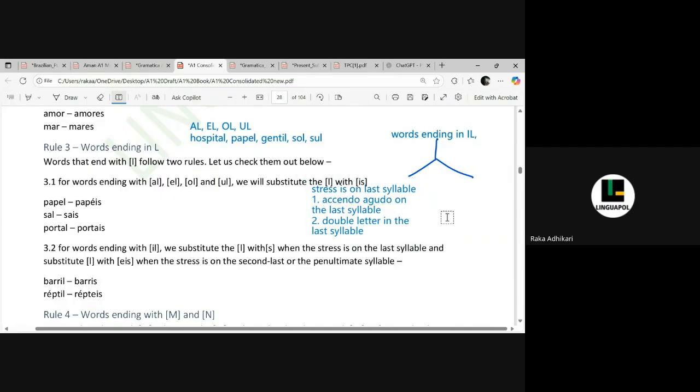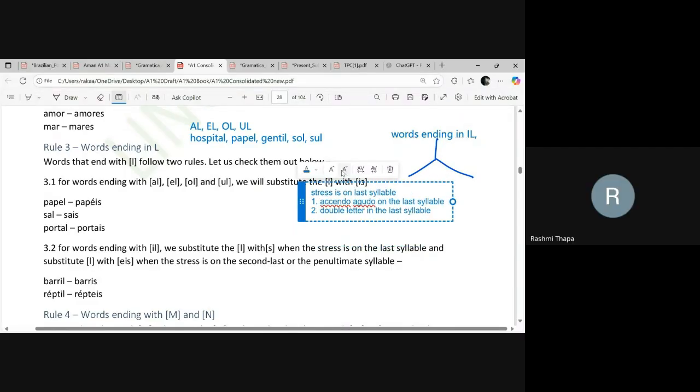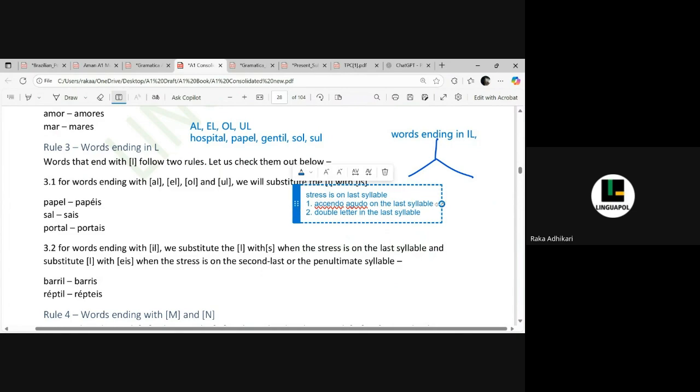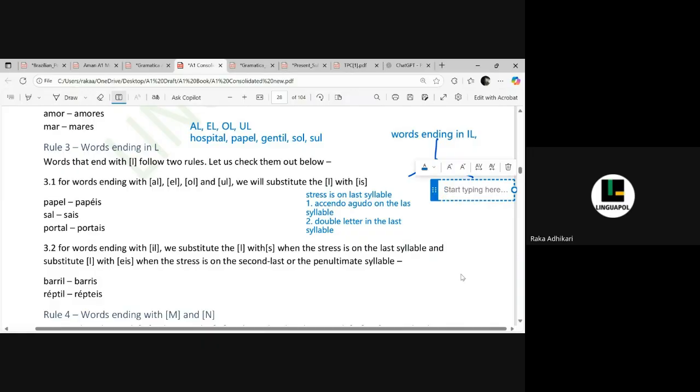Because see, by default, the stress can never be on the last syllable. What is the default stress in the Portuguese language? Where do we put the stress? Second last. Second last syllable, right? So by default, we cannot have a situation where the stress is on the last syllable. So by default, we have it in the second last syllable. The second category says the stress is on the second last syllable.